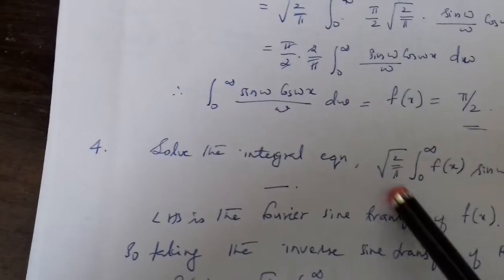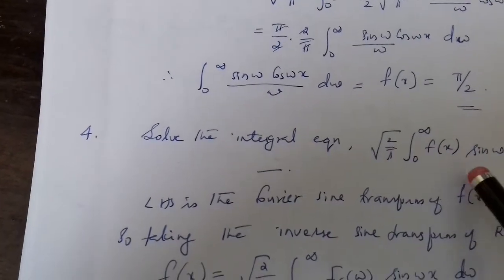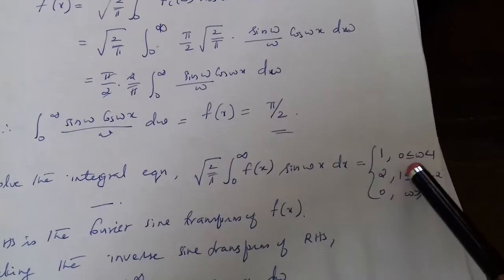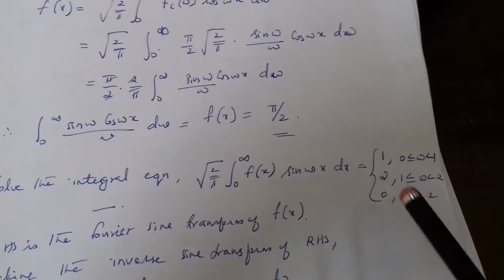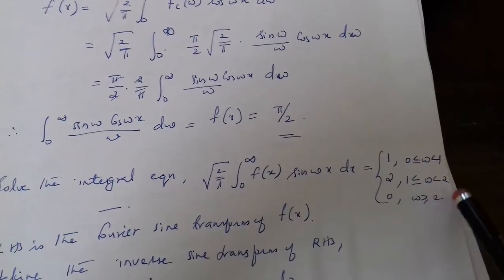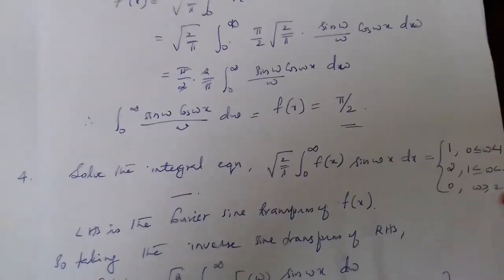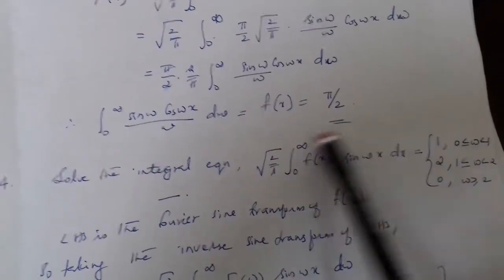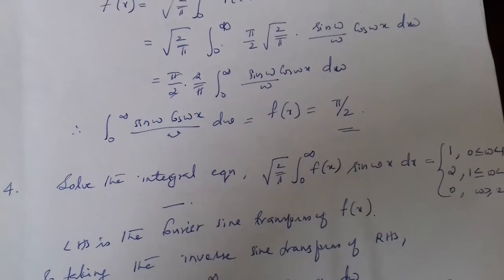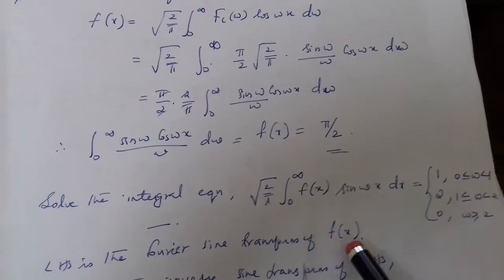solve the integral equation root of 2 by pi integral 0 to infinity f of x sin omega x dx is equal to 1 for 0 less than or equal to omega less than 1, 2 for 1 less than or equal to omega less than 2, and 0 for omega greater than or equal to 2. To solve this integral equation means we have to find the value of f of x.